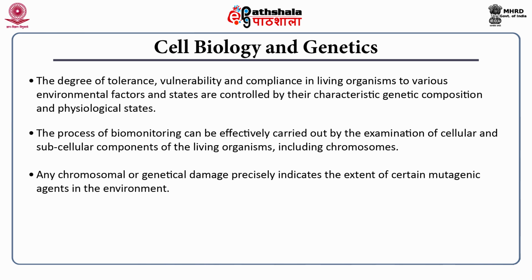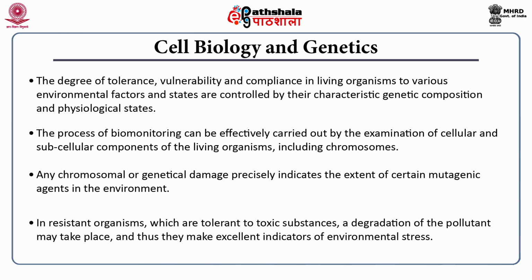Any chromosomal or genetic damage precisely indicates the extent of certain mutagenic agents in the environment. In resistant organisms, which are very tolerant to toxic substances, a degradation of the pollutant may take place, and thus they make excellent indicators of environmental stress.